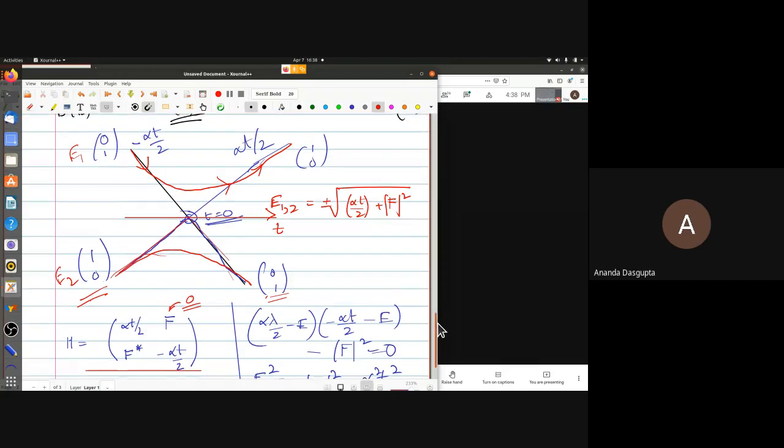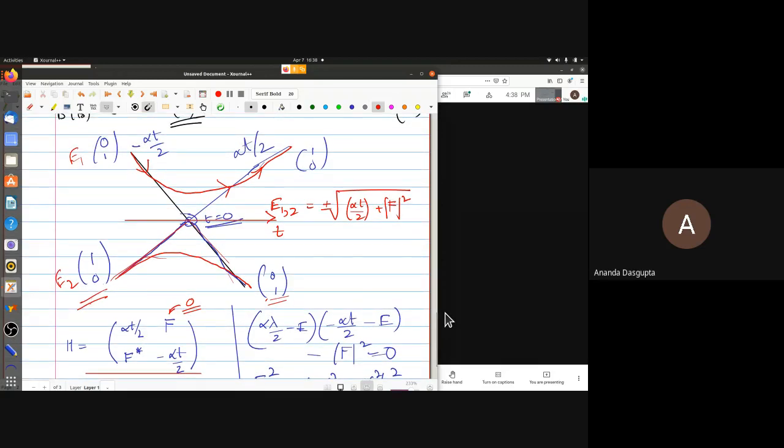Okay. Now the question that we are asking is not about the instantaneous energy eigenvectors. The question is, if I start at large negative times, let's say at -infinity, in the state 1, 0, what is the probability that I stay in the state 1, 0 at large positive times? According to the adiabatic theorem, this should be how much?